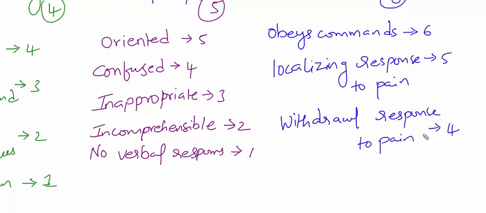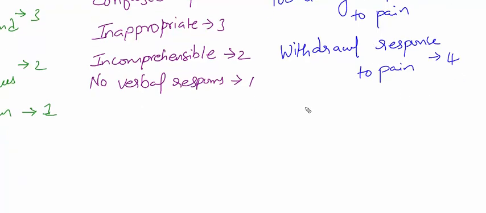Withdrawal response or flexion to pain gets a score of 4. If there is abnormal flexion, also called decorticate posturing, we give a score of 3.